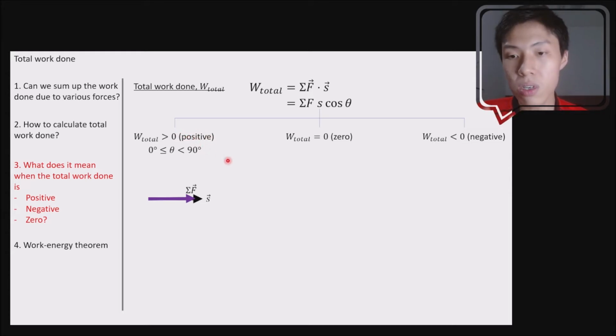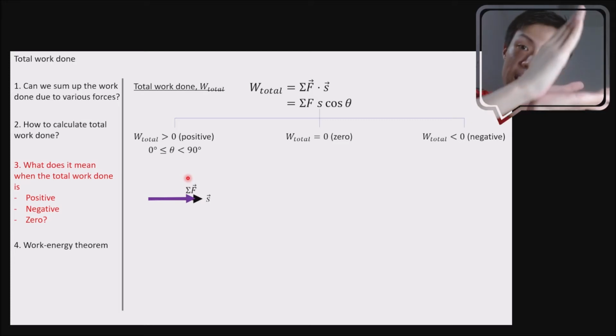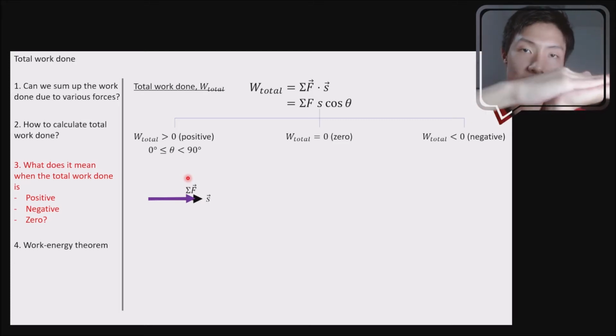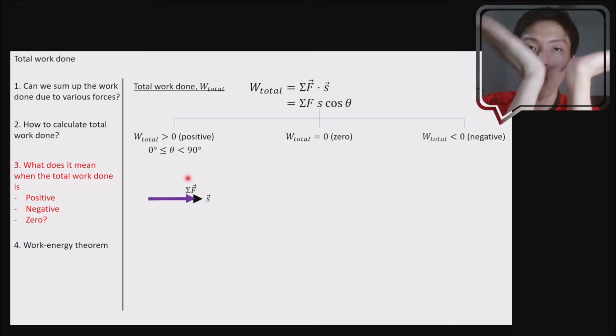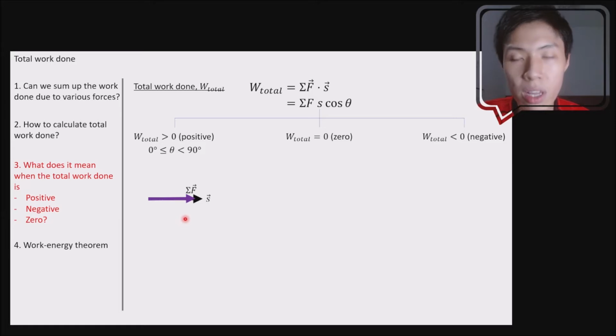But in our syllabus, because our focus is only on straight line motion, we'll see that all the net force will be parallel to the displacement. It means that we won't be seeing situations where the net force is pointing at an angle from the displacement. For our syllabus, the net force is always in the direction of the displacement or opposite the direction of displacement, because we don't want our object to move in a curved path.